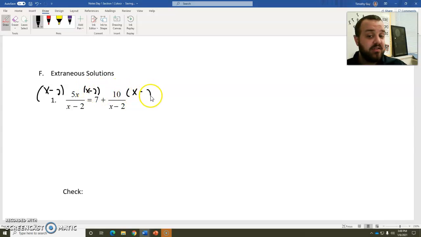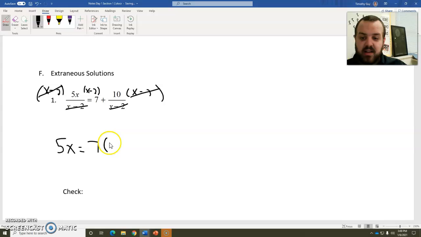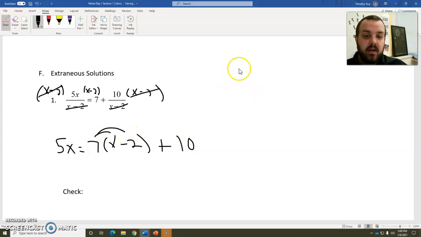We'll then go through and simplify and solve like normal. So here the x minus 2's cancel. Here the x minus 2's cancel. So I'm going to get 5x equals 7 times x minus 2 plus 10. I'll then go through and solve this. So we distribute. We get 5x equals 7x minus 14 plus 10.